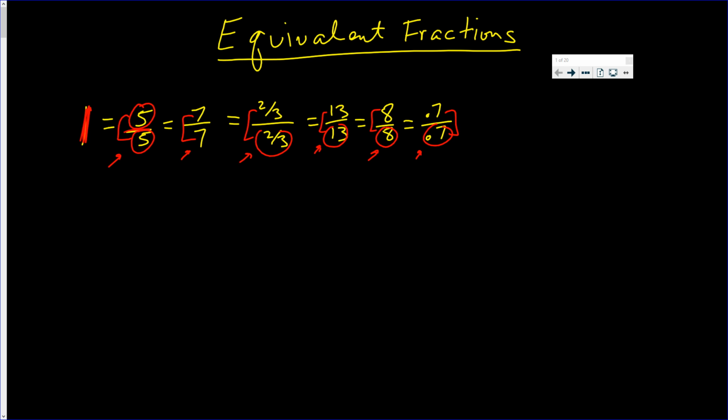Now, suppose you were asked to fill in the box. 1/2 is equal to what number over 10? Well, you can do it this way: 2, 4, 6, 8, 10. And you always get 1 out of 2.